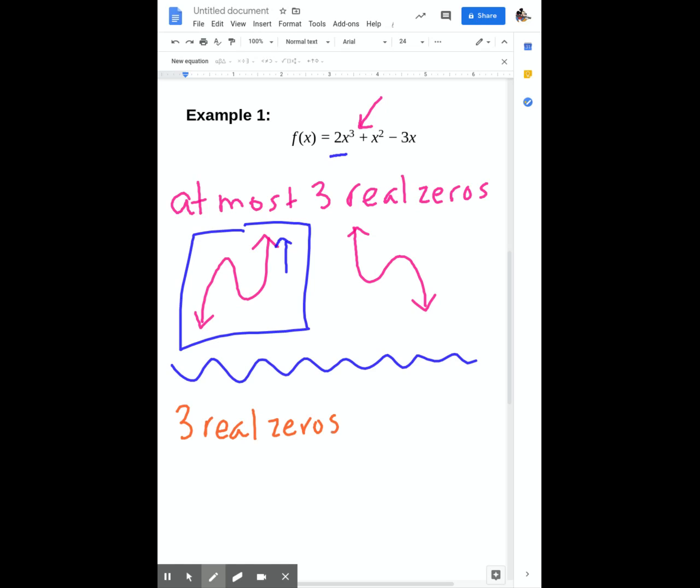And hopefully you found the exact same zeros I did if you graphed this on your own, but my 3 real zeros were at -1.5, 0, and the third one was at 1, 0.